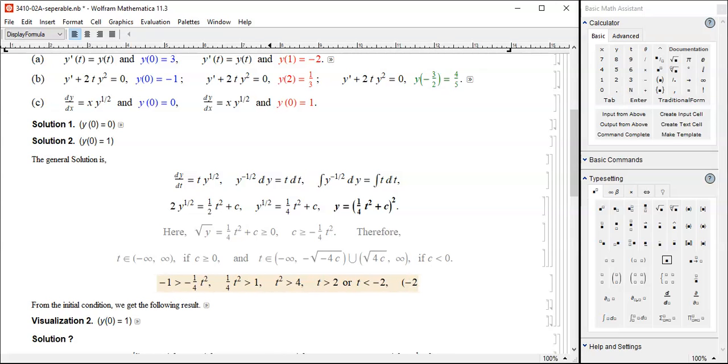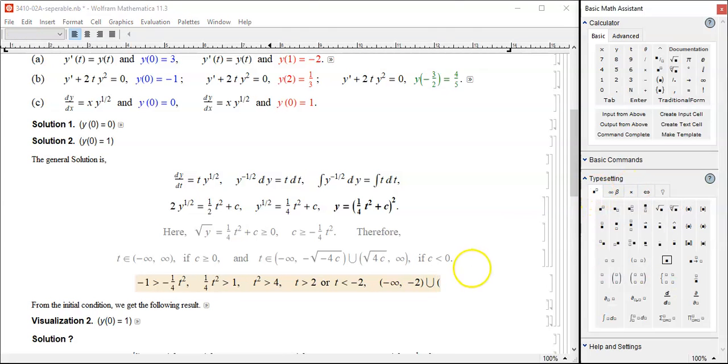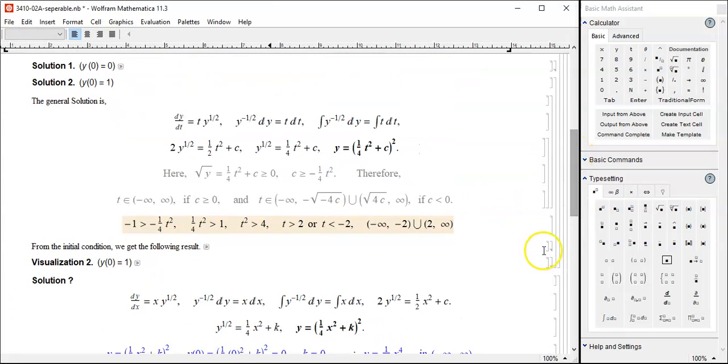Negative infinity comma negative 2, union positive 2 comma infinity. In these two intervals, this green solution I had before, where is it?